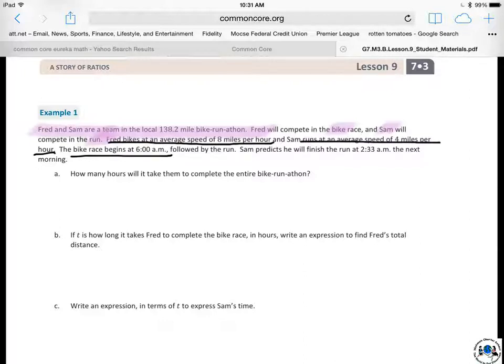Sam predicts he will finish the run at 2:33 a.m. the next morning. Okay, so we have all of that. Beginning at 6, he's saying that he will finish 2:33 a.m. the next morning.